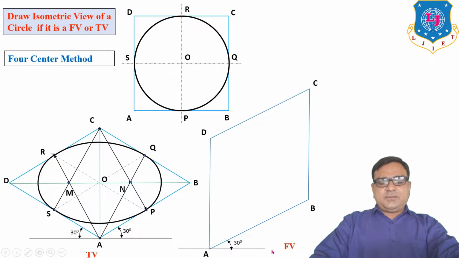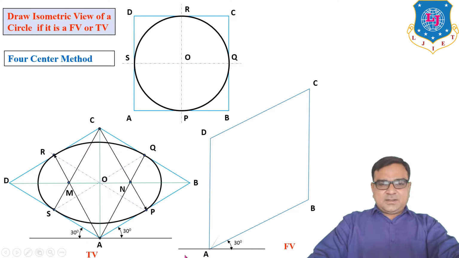Because in front view, we can see length and height, but in top view, we can see length and width. So here AB is length and AD is width, but when we draw the front view, AB is length and AD is height.